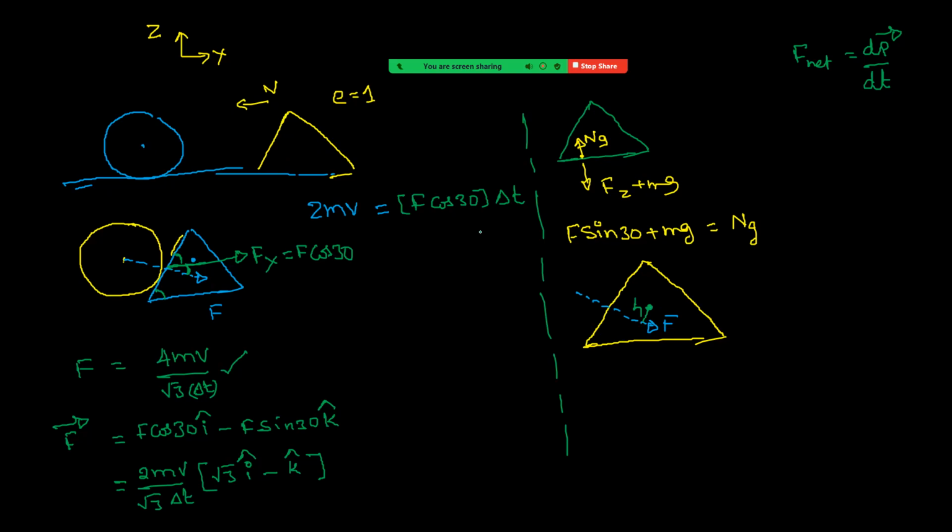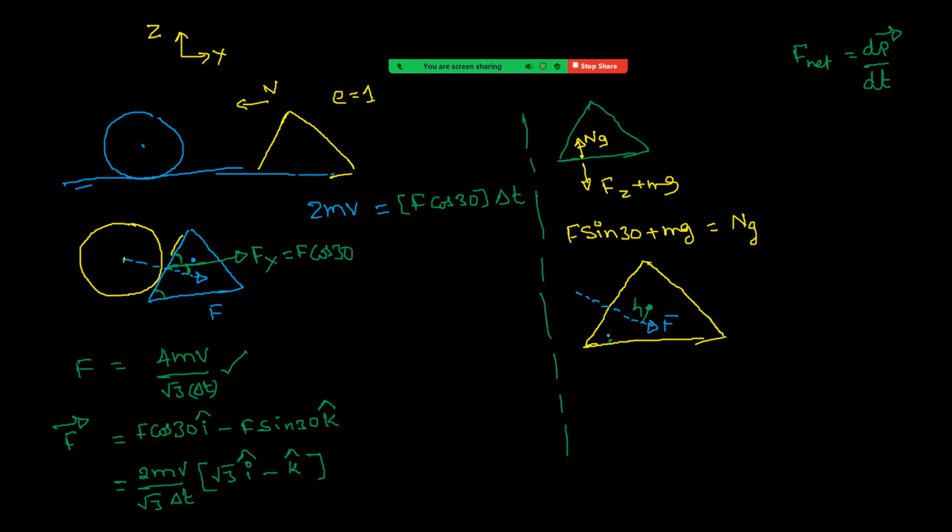Because of gravity, no torque. Because of this force, torque is anti-clockwise. So there must be some other torque balancing this torque, and the only possibility is the normal reaction due to ground on the wedge. That means this is not passing through center of mass. It is maybe somewhere here.